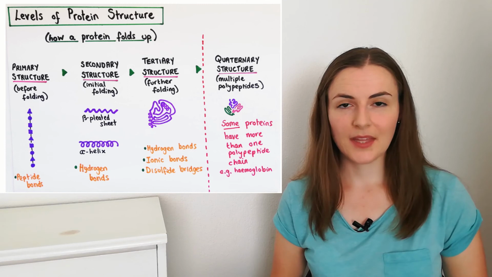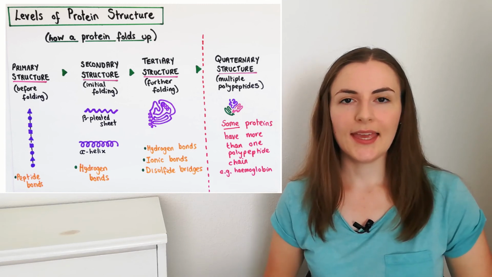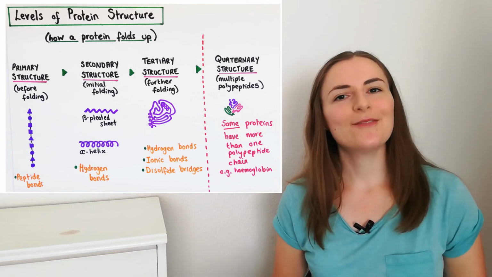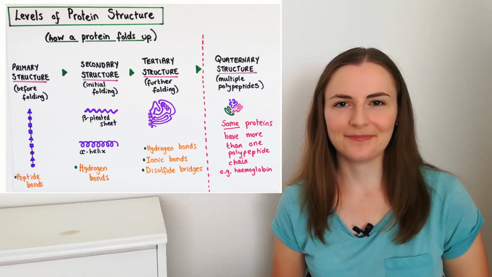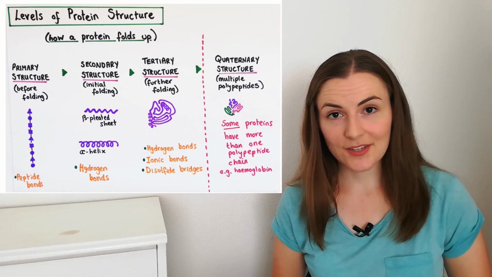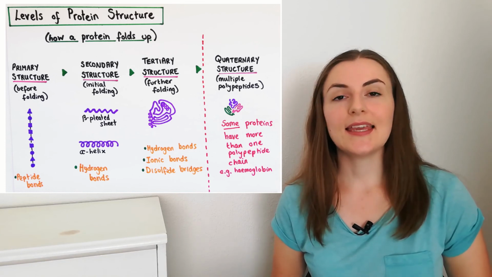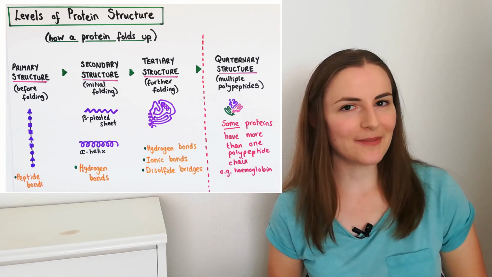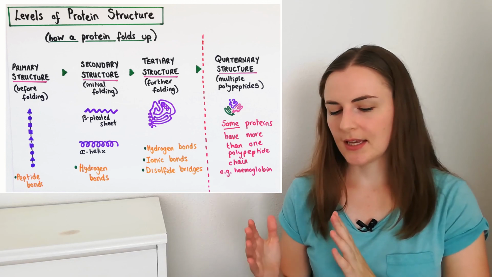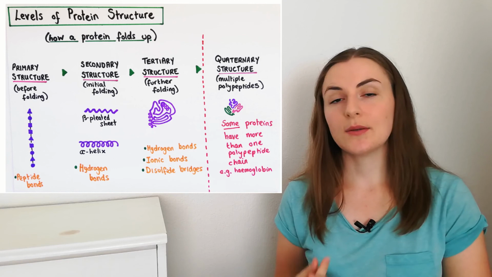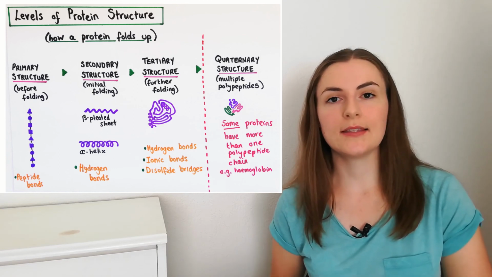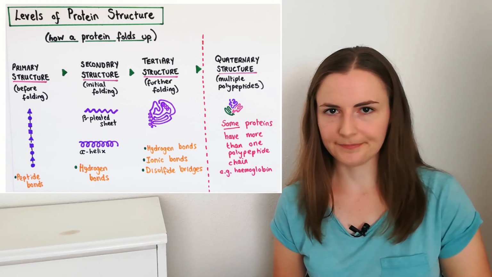So, to summarise, primary structure is the sequence of amino acids making up the polypeptide chain. Secondary structure is the initial folding of the chain. Some sections will fold into an alpha helix and some sections will fold into a beta pleated sheet.